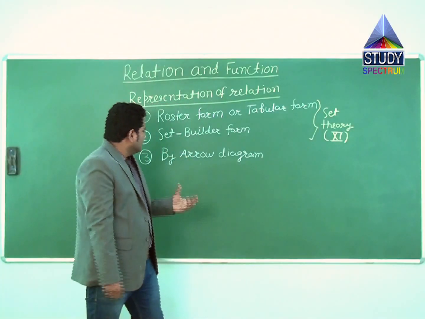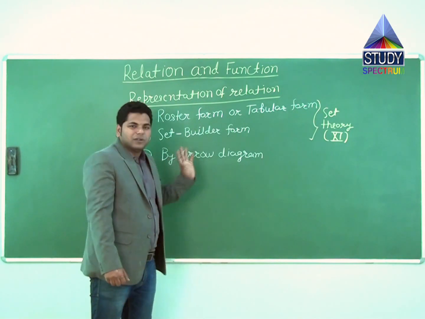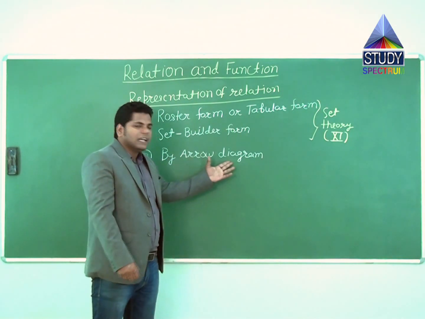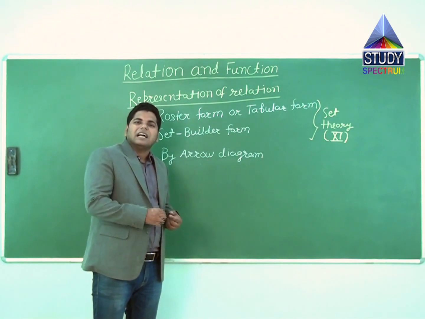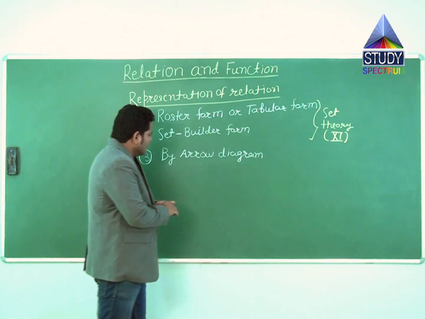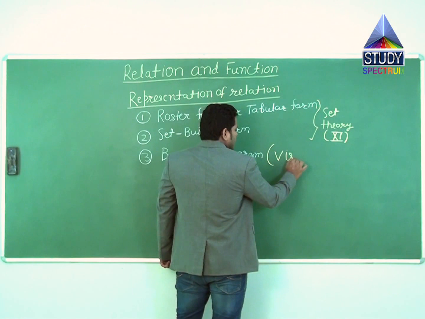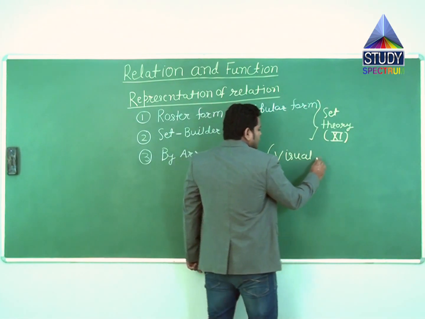Now let us understand how we represent a relation by an arrow diagram. The arrow diagram is actually the visual representation of a relation.